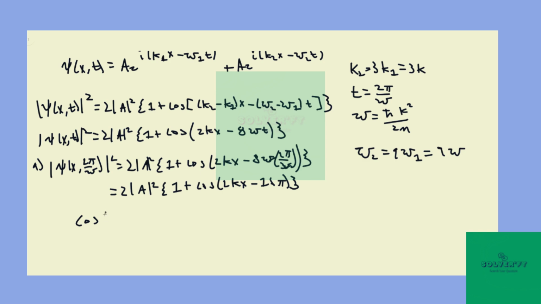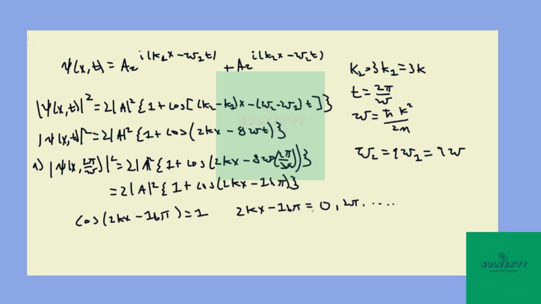So when cosine of (2kx minus 16 pi) is equal to 1, this happens when the term 2kx minus 16 pi is equal to 0 or 2 pi, and so on.